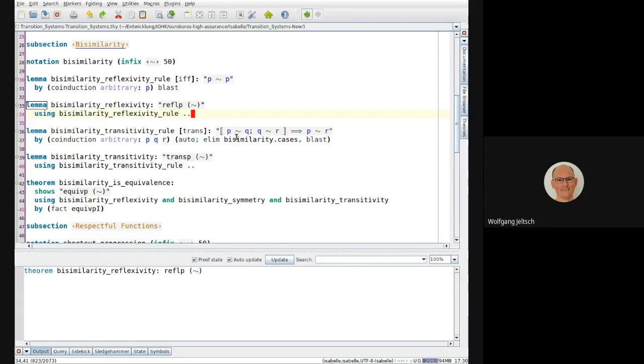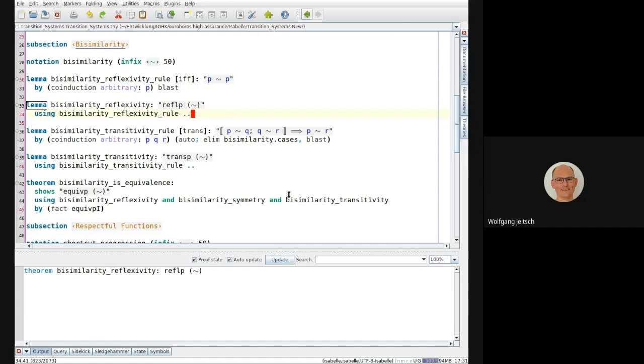And this is what we need here. I got this bit from experimenting. The auto proof method is a proof method that combines simplification, this term rewriting, with logical reasoning, similar to blast. So it's a bit like a combination of simp and blast, where these are intertwined, not just sequentially executed.